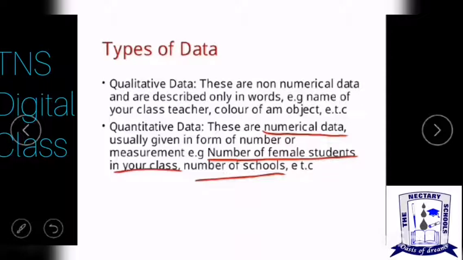It would be in figures. Like, there are 22 teachers in my school. There are 114,000 schools in Nigeria. There are 21 female students in my class. We call that quantitative data because it deals with numbers.